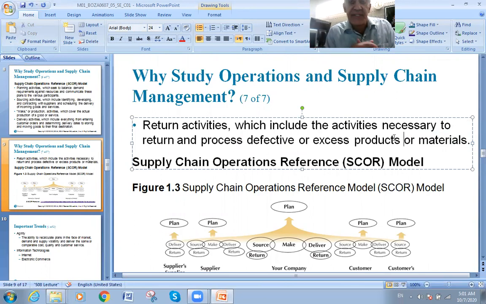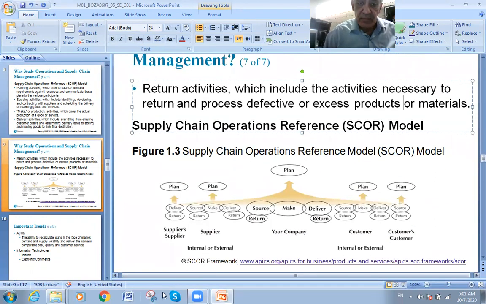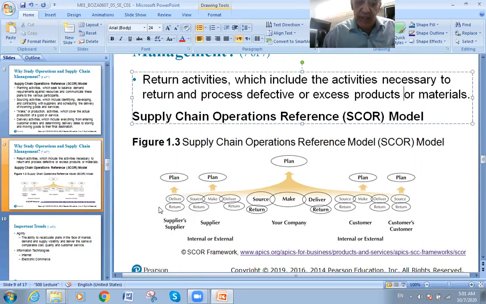All this we call return activities. Like I showed you in the first video, the introduction, you see here it's the supply chain operations reference. It includes planning and organizing and leading and control. This is how it works.